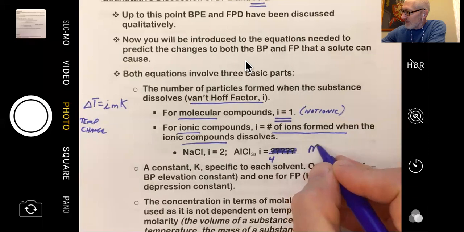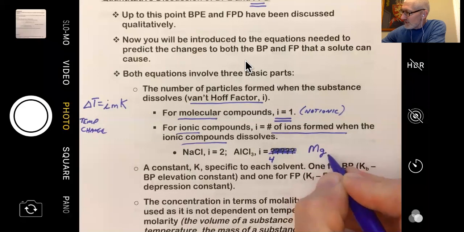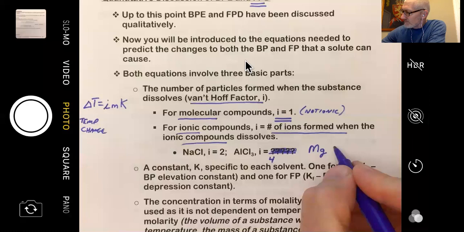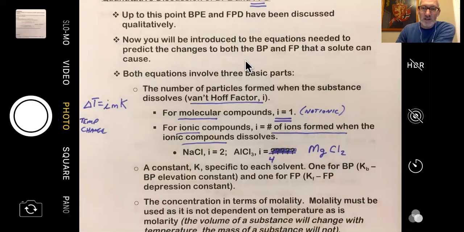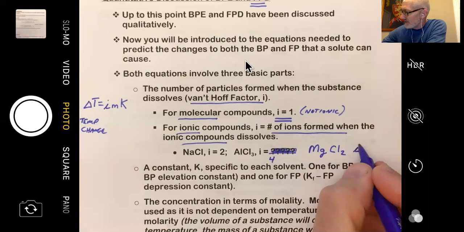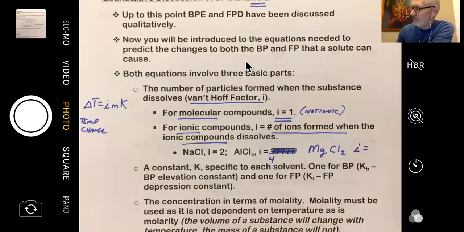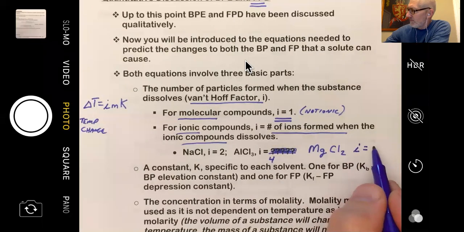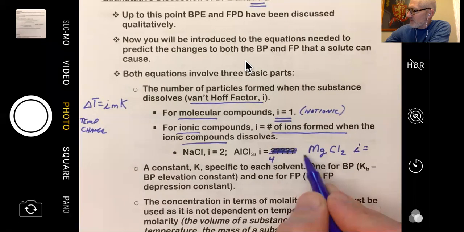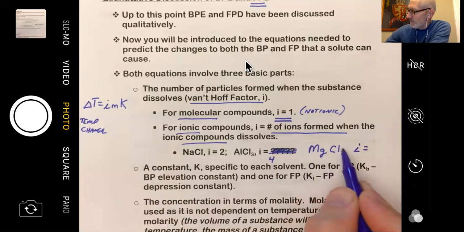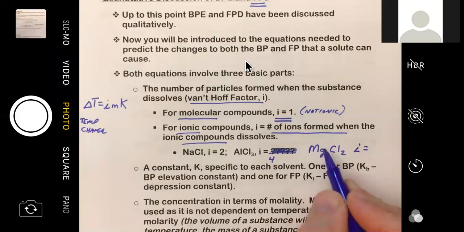Okay. What if I gave you something that looked like this? Thank you, Stella. If I go with Mg, and I'm not looking at a periodic table, so forgive me if I'm wrong here. If it's MgCl2, Carter, what would the i value be? How many ions do I get if I dissolve MgCl2 in water? How many Mg ions are there, Carter? I'm not sure.